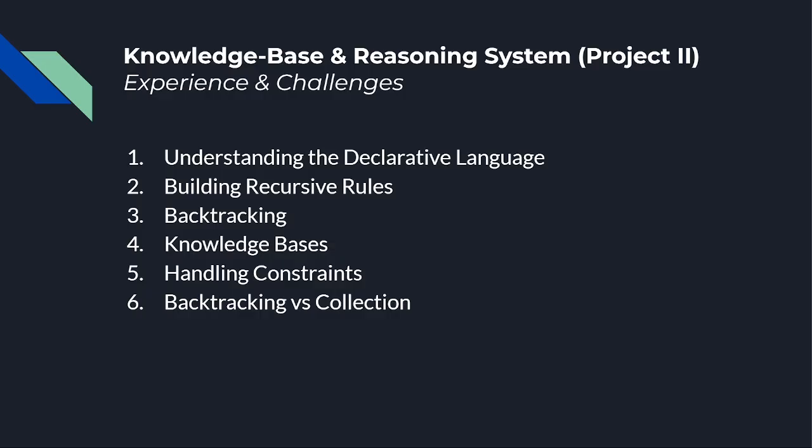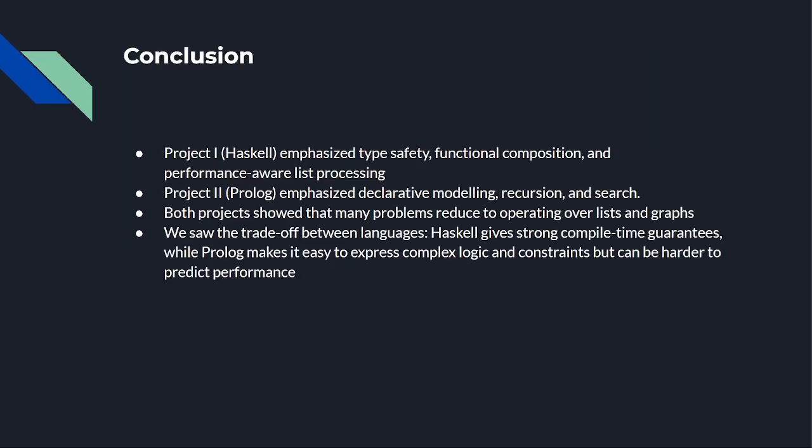The last one is backtracking versus collection. In backtracking, as I already mentioned, it goes back and searches for another solution. In terms of collection, we have a bunch of different methods, for example the findall predicate keeps all the routes in one place, and then we decide based on ascending order and ignore the rest. These were the things we had in our experience and challenges.